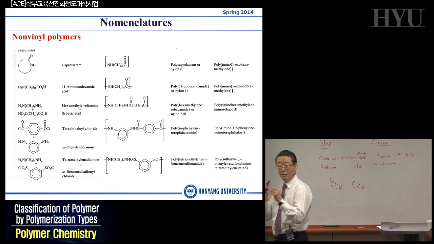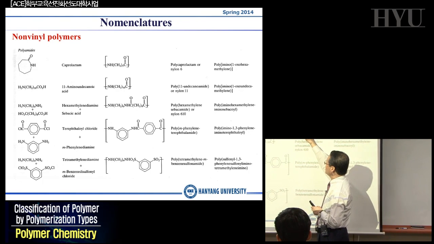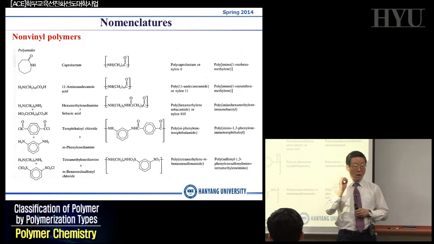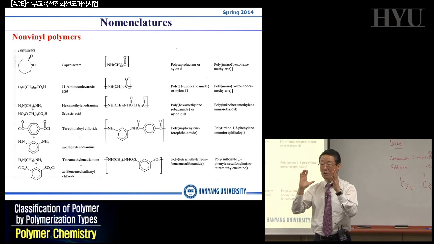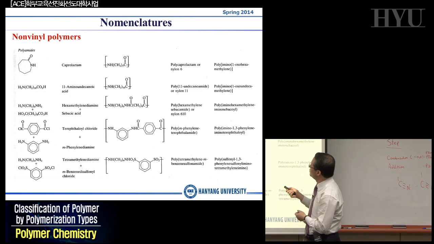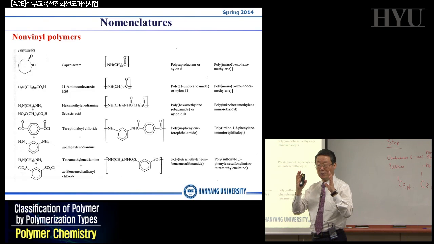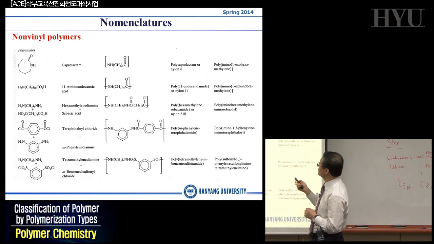The number after nylon represents how many carbons are in the repeating unit in the brackets. For example, in this case, we have C5 and one C in the carbonyl, so we have 6 total carbons in the brackets in the repeating unit. We call this nylon 6.